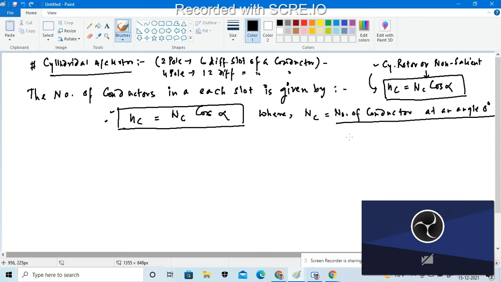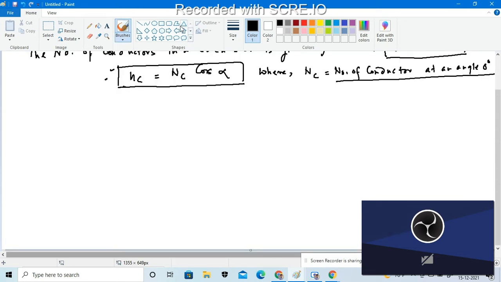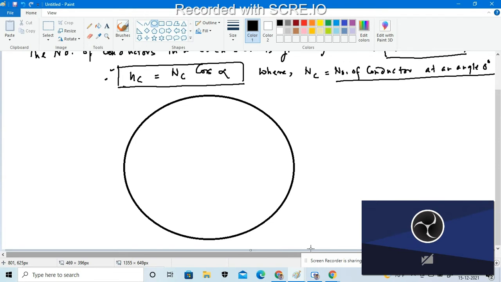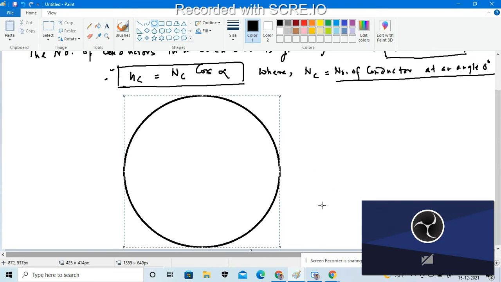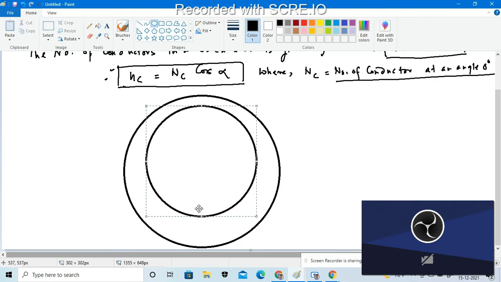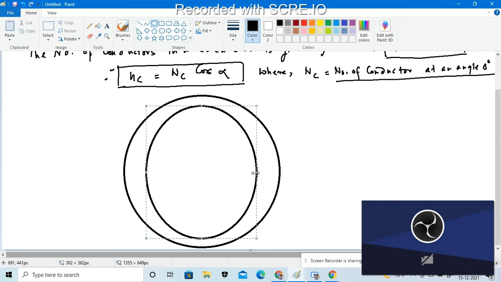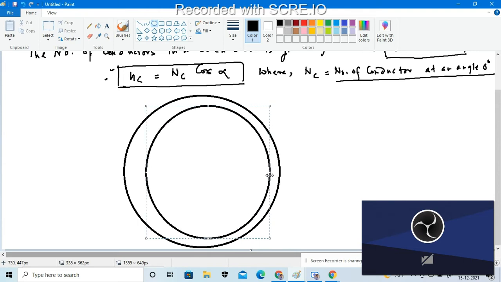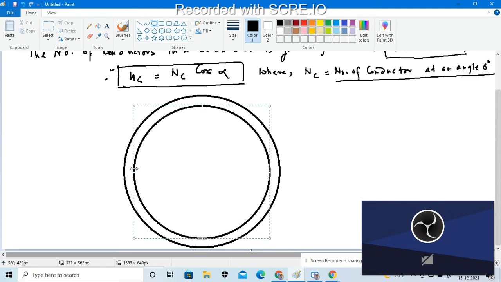We have three different circles, then another circle we are considering, and another circle.